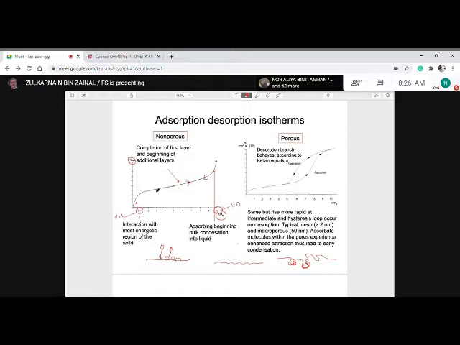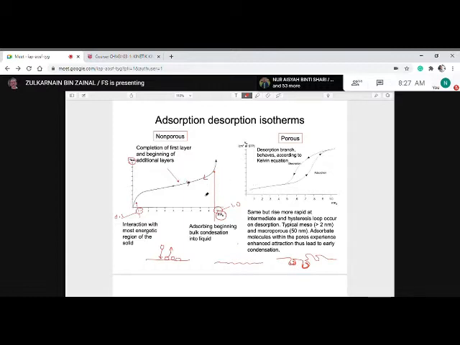For the case of non-porous materials, the adsorption and desorption processes will follow the same line. What does it mean?